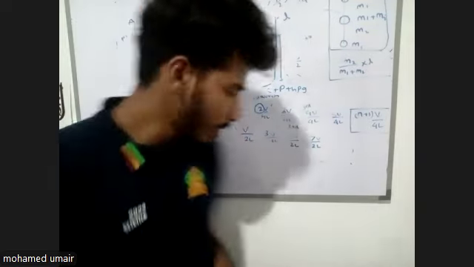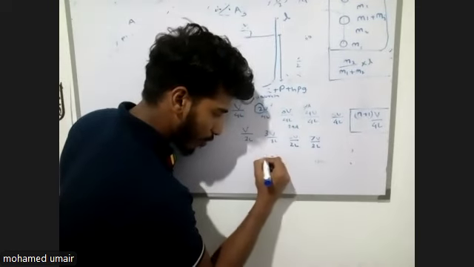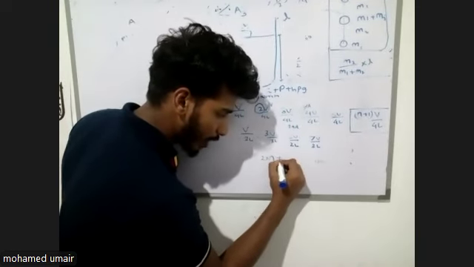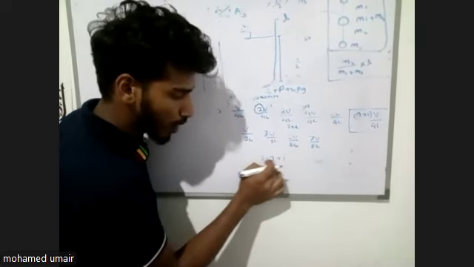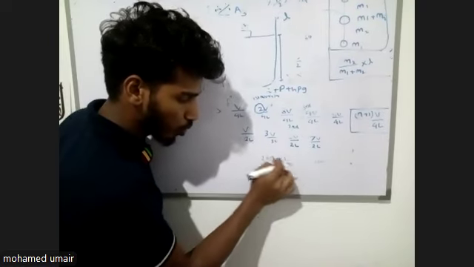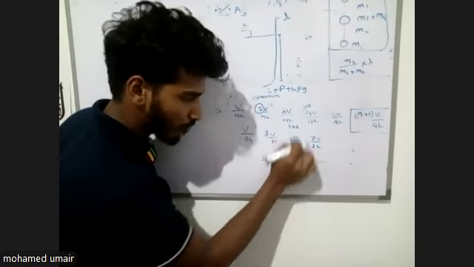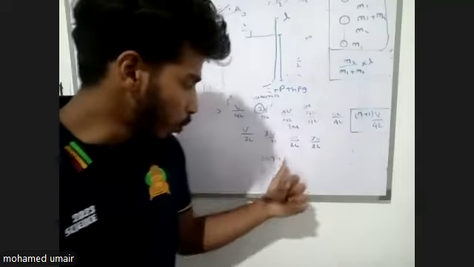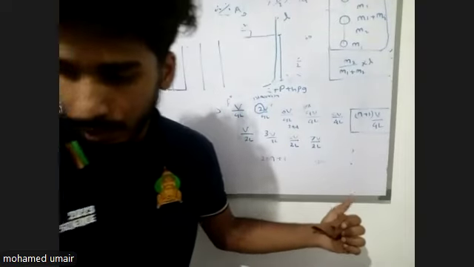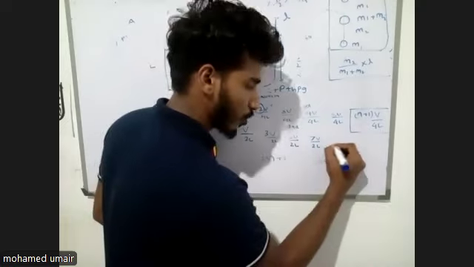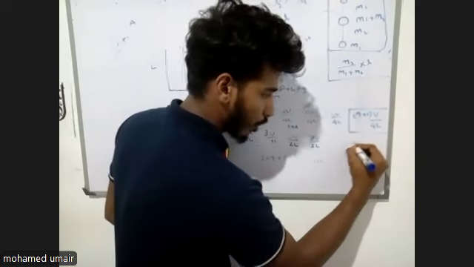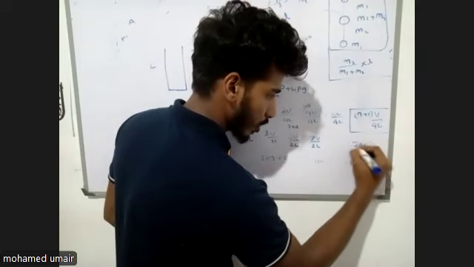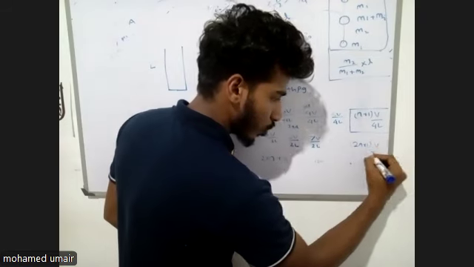So the pattern is, I am multiplying n by 2 and then adding 1. For n equal to 1, 2 plus 1 is 3. For n equal to 2, 2 into 2 is 4, plus 1, 5. And the other one, 2 into 3 plus 1, 7. So for the nth overtone, I'll be having 2n plus 1 times V over 2L.